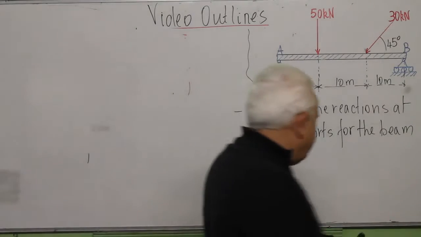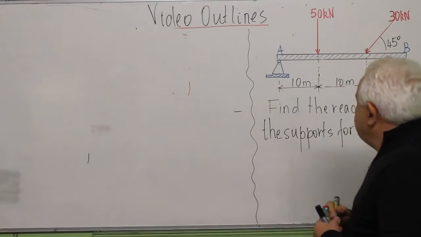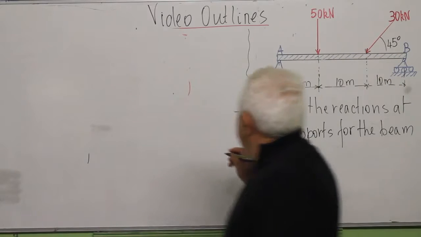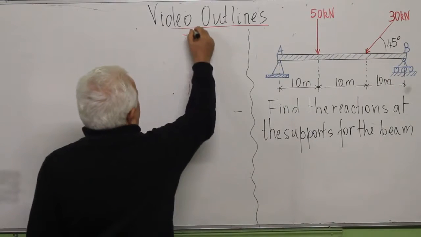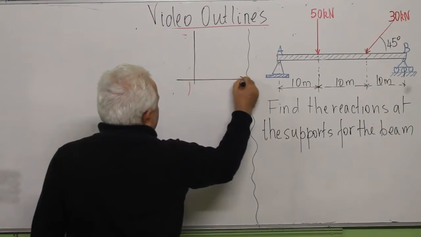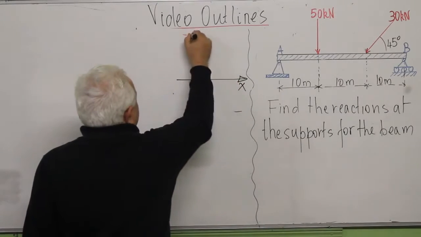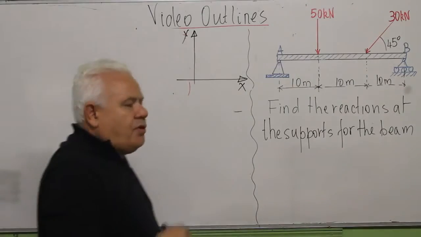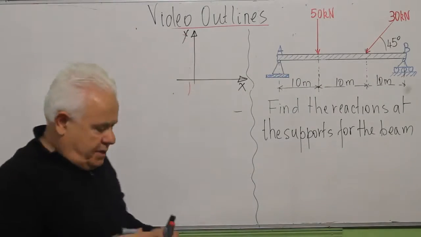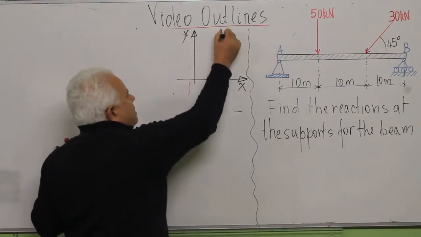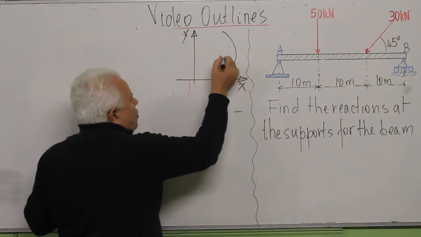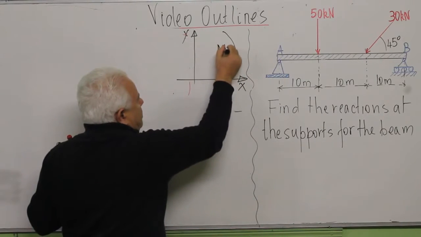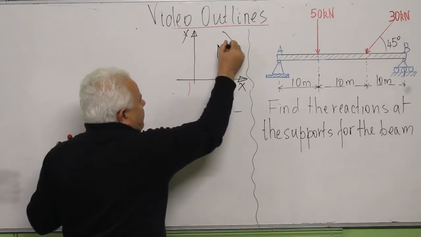So before starting solving the problem, we have to set up a system of axes. I will say, for example, X and Y, and we have to choose an orientation of the moment. I will consider that the moment turning clockwise is positive.